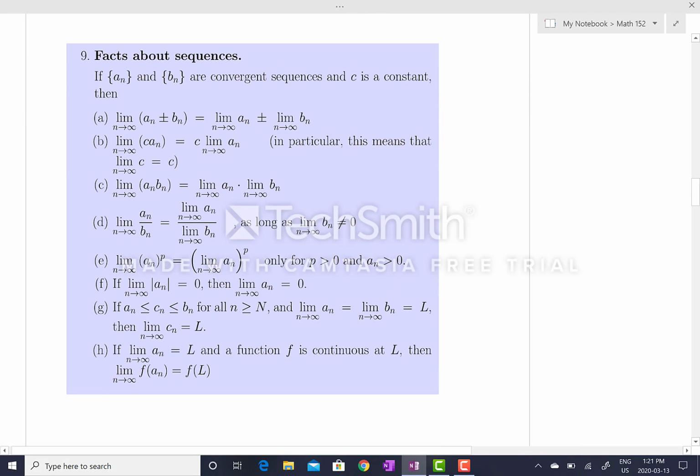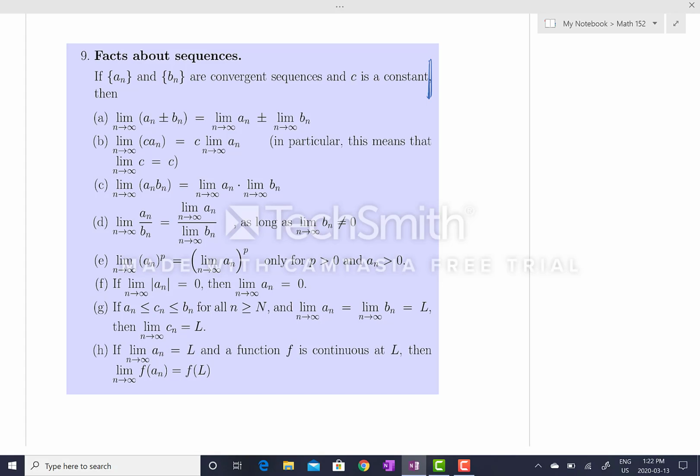Here's a bunch of facts about sequences. And so notice what our ground rules are here. We're saying if the sequence an and the sequence bn are convergent and c is a constant, then the following facts are true. So I'm just going to read through them quickly here, but maybe pause and take a look at these and make sure that each one of these things makes sense to you.